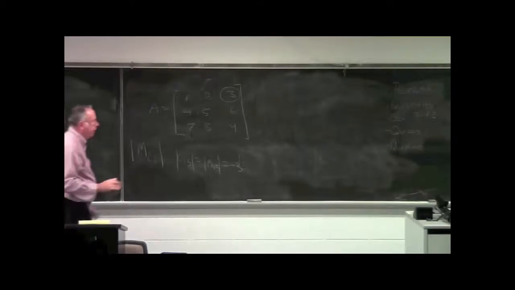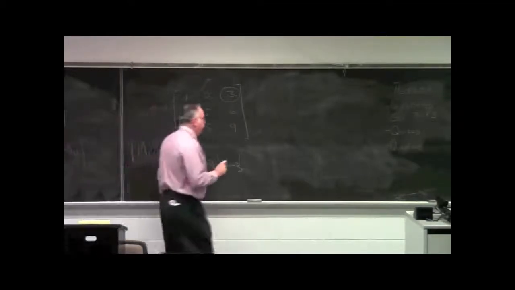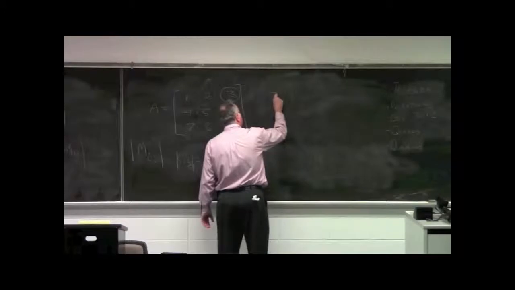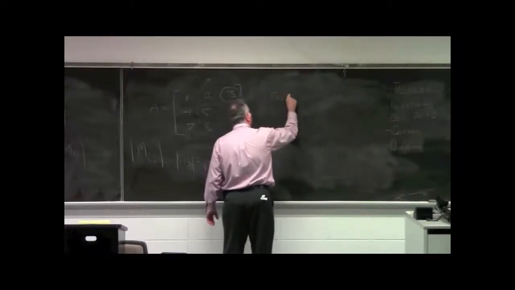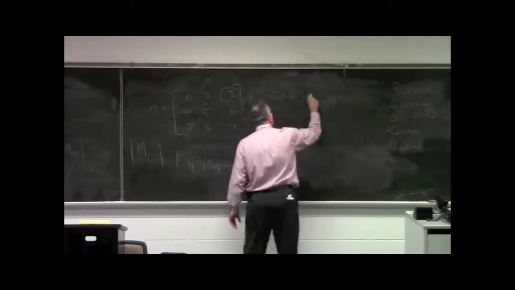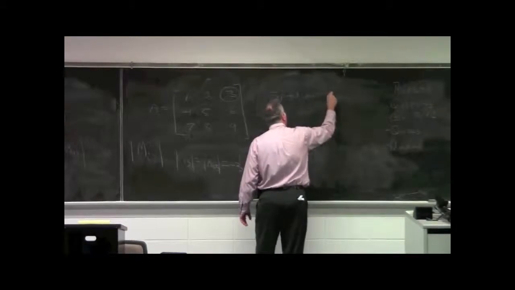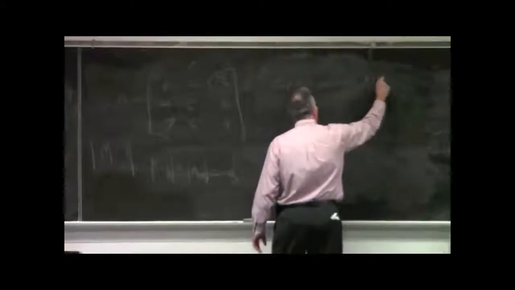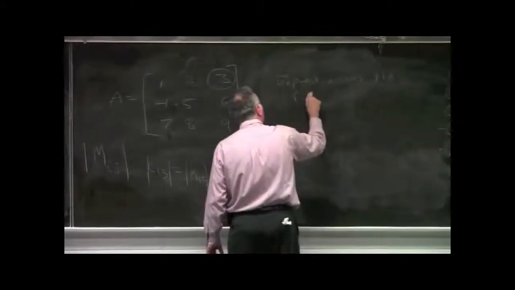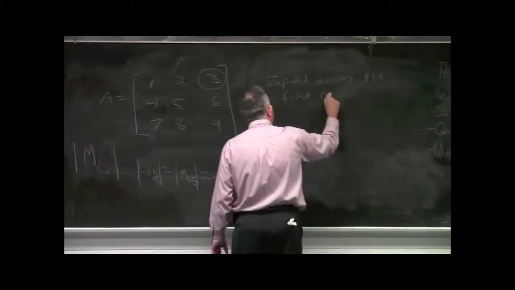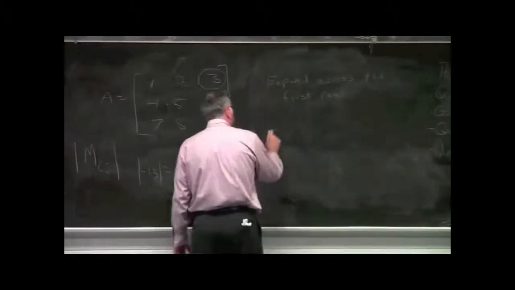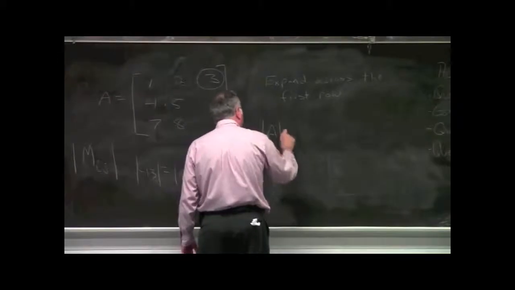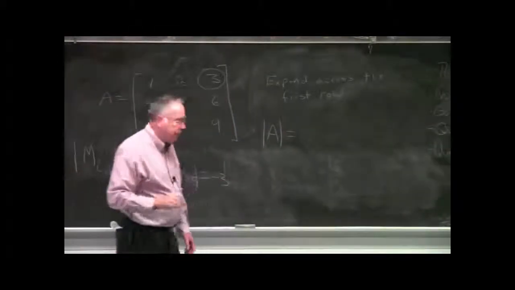The formula for calculating the determinant, if you expand across the first row, is this. The determinant of A is just this.